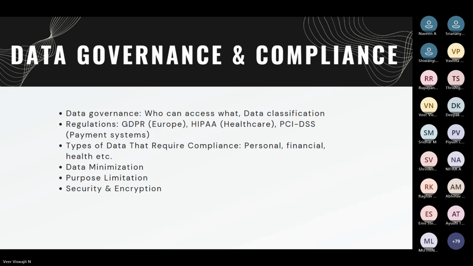Other than that, data minimization means whatever data you require alone needs to be collected and stored in your systems. And whatever data you collected for a particular use case should be maintained. Like if you are getting a phone number for your web application, that phone number should not be misused for any purpose other than the one that was defined in the web page.